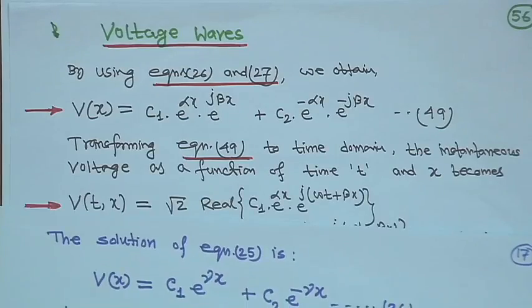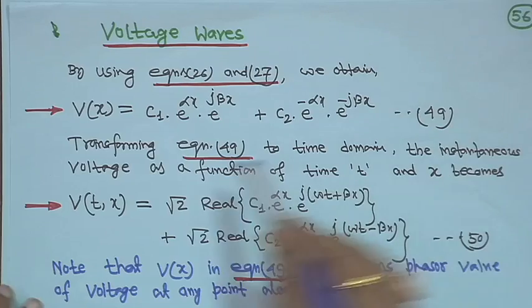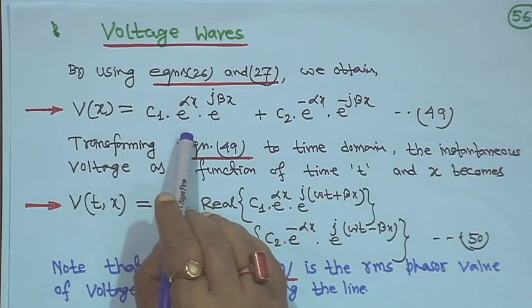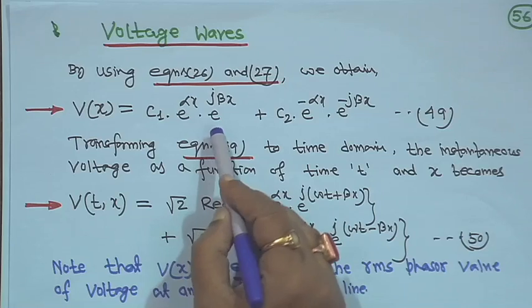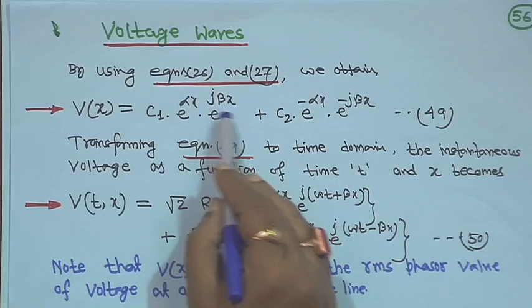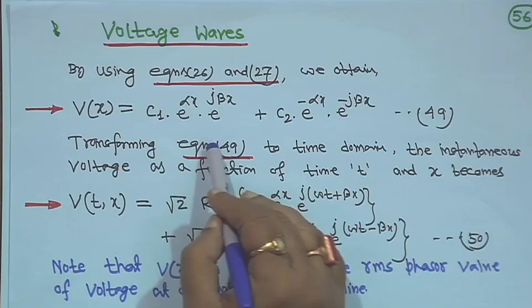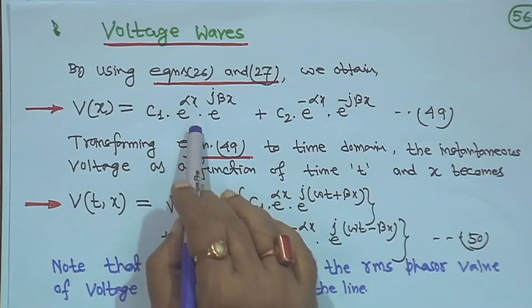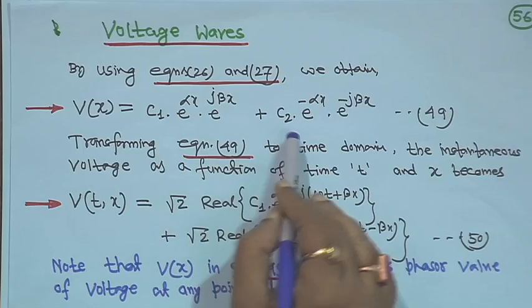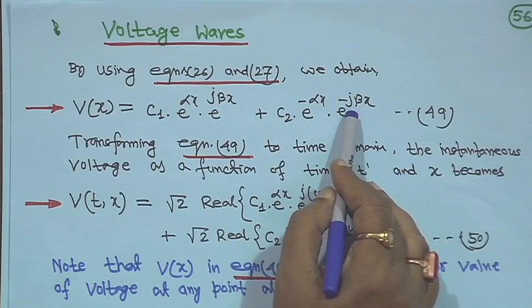If you do so, it will become V x is equal to C 1 e to the power alpha x into e to the power j beta x, because it is e to the power alpha plus j beta x, so we are separating it, plus C 2 e to the power minus alpha x into e to the power minus j beta x.